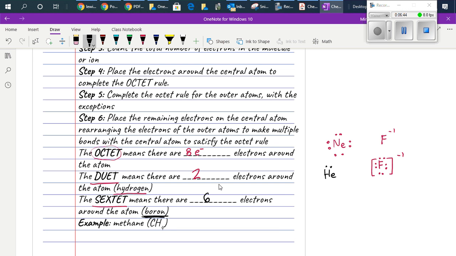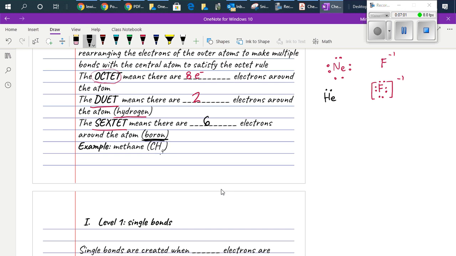Let's draw the Lewis dot diagram for methane. As you see, methane is combined from 2 non-metals, carbon and hydrogen, and it has the chemical formula CH4. So let's work through this problem and see which one is the central atom, and which ones are the outer or surrounding atoms.